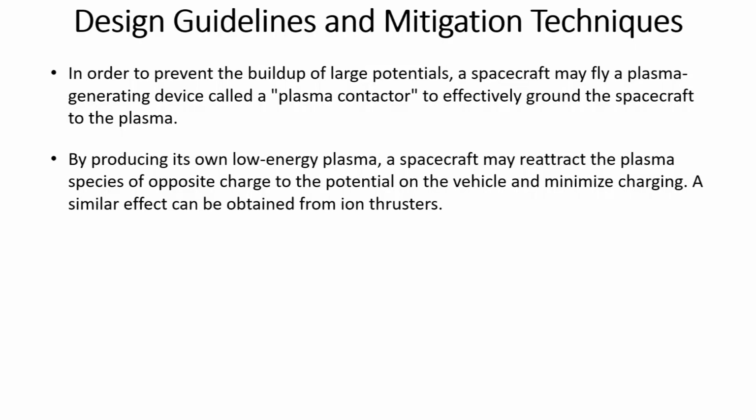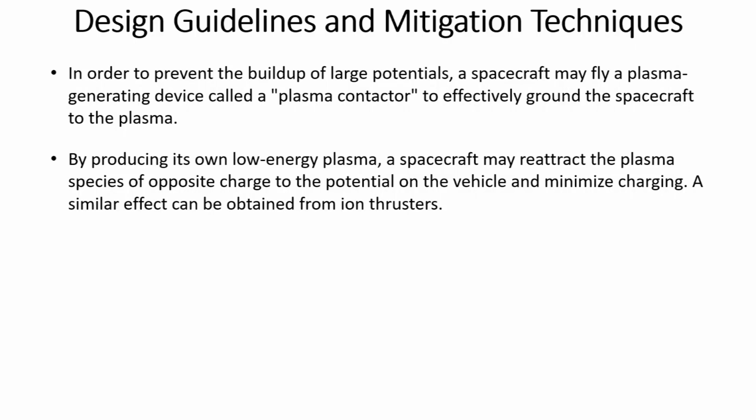This can be minimized by using the active method, the plasma contactor. It produces a very low energy plasma, so the spacecraft may reattract plasma species of opposite charge. Suppose the spacecraft is negatively charged.